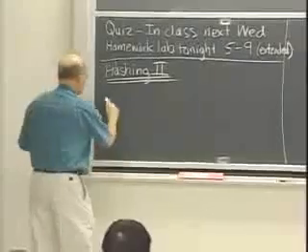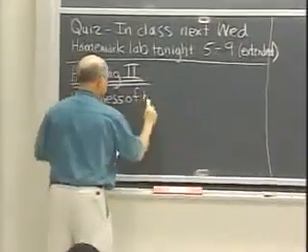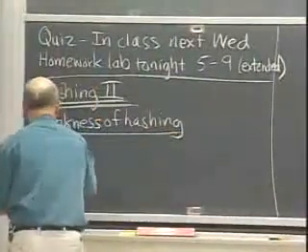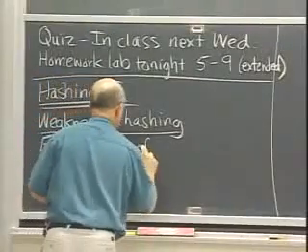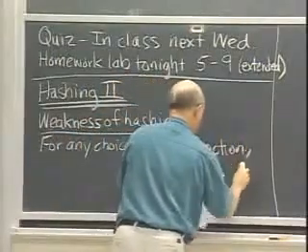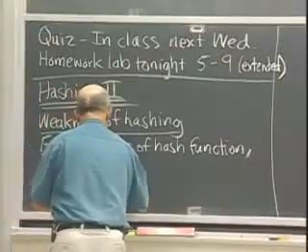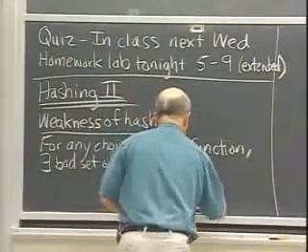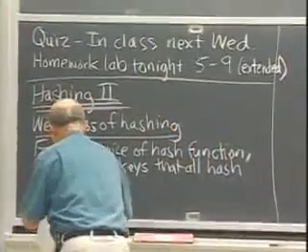We're going to start by addressing a fundamental weakness of hashing, and that is that for any choice of hash function, there exists a bad set of keys that all hash to the same slot.